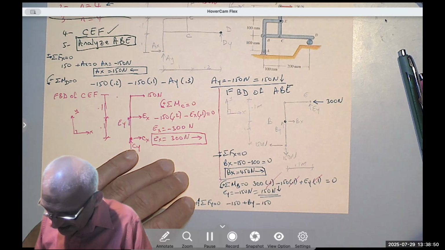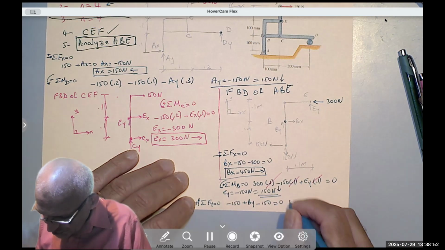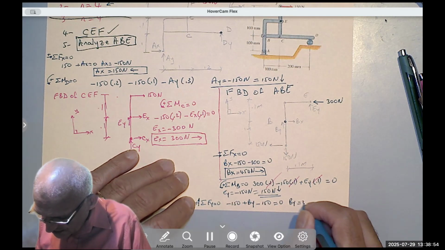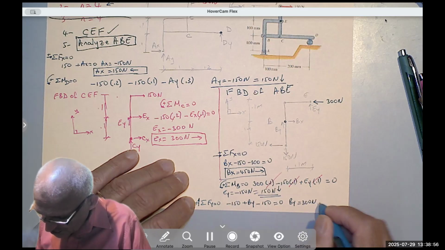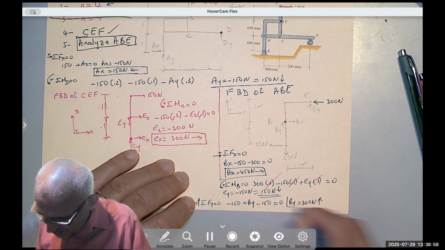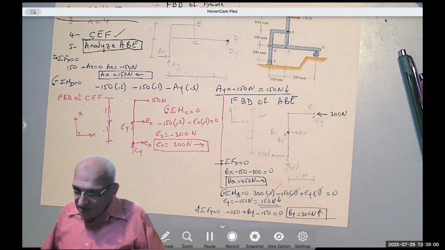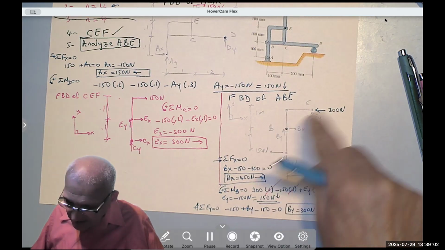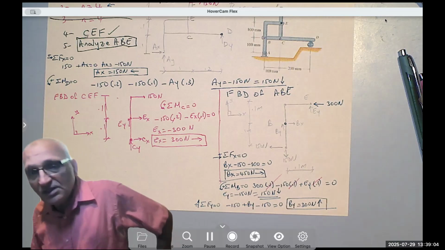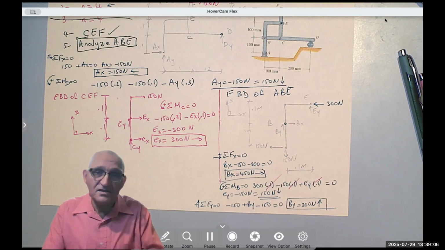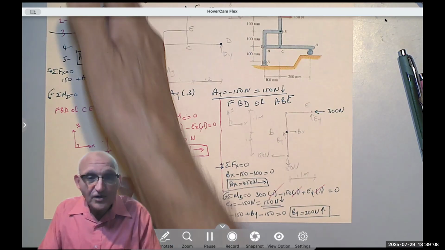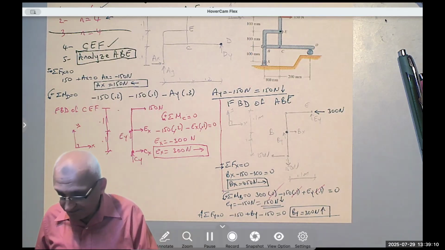Anything else? Nothing else. Equals 0. So BY equals 300 Newton positive, meaning we drew it correctly, it's upward. So we found AX, AY, BX, BY, EX, EY. We found all the forces in the frame, after following these 5 steps.